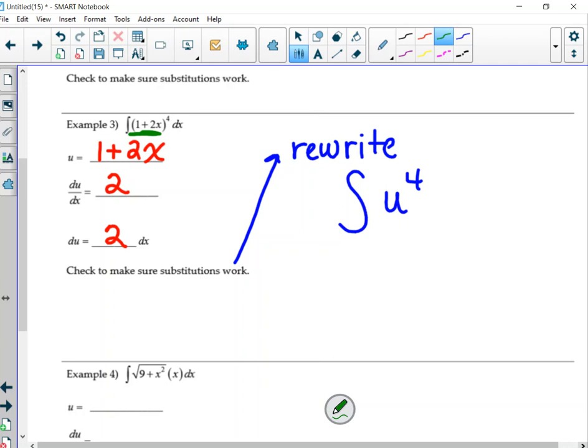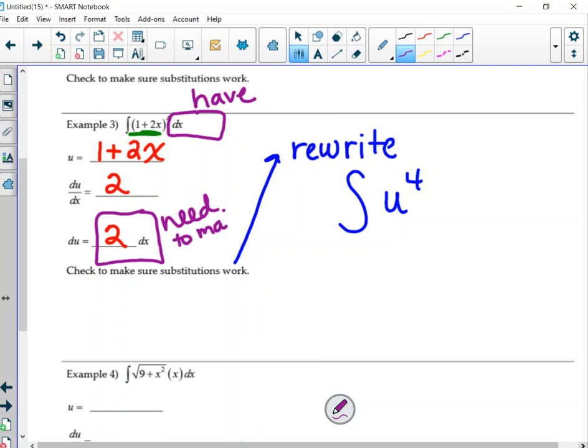And that's all good, except the only thing else I have is dx. So this is what I have. But in order to make the whole u magic work, I need a 2 dx, not just dx. I need a 2. A 2 and a dx would be perfect.